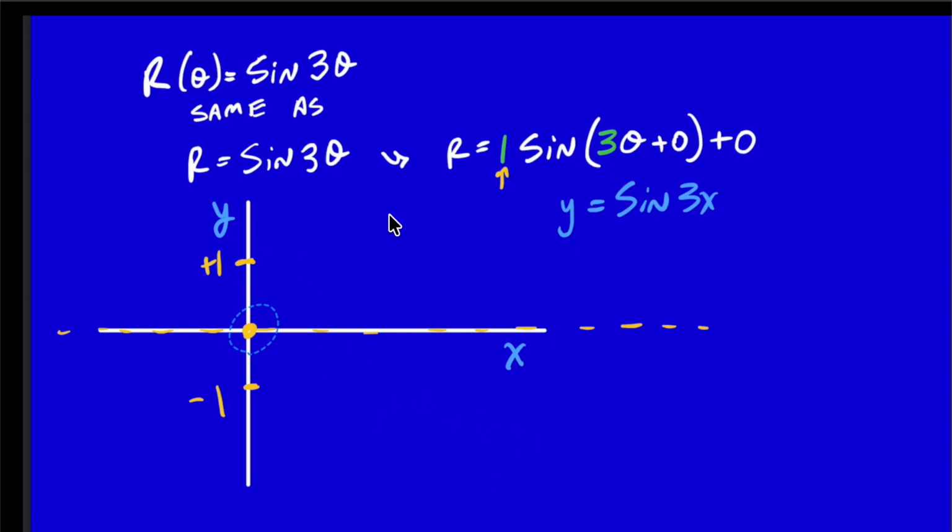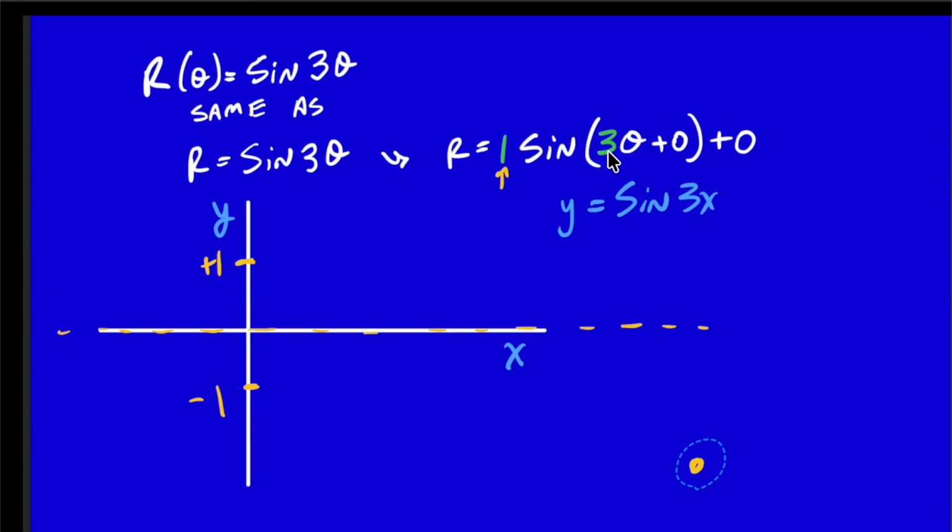It's going to jump from the midline to the maximum, to the midline, to the minimum, to the midline. Okay, so let's look now at the inside of the function. The fact that that's a plus 0 means there's no phase shift. So our starting point is going to be, as mentioned, the origin.